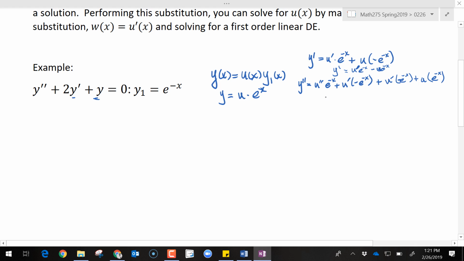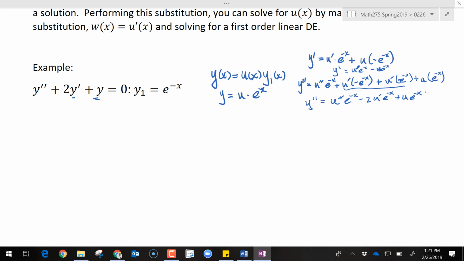And then meanwhile, y double prime is equal to u double prime e to the negative x, and it looks like I have two of them here, minus 2 u prime e to the negative x plus u e to the negative x. Wow, that looks like a big mess.